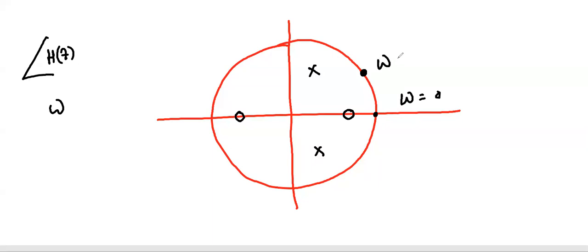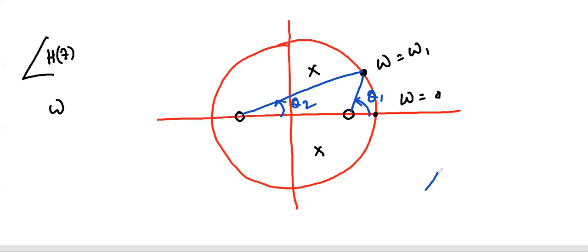Let this be omega equals omega 1, any value, and for this point we are making these lines to the 0 locations. This is theta 1 and this is theta 2.